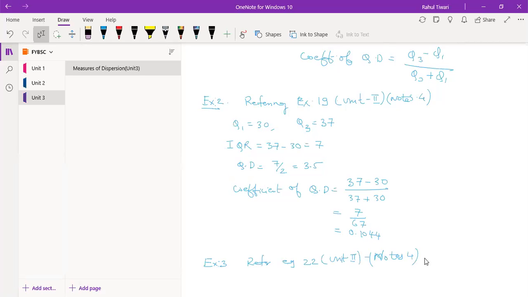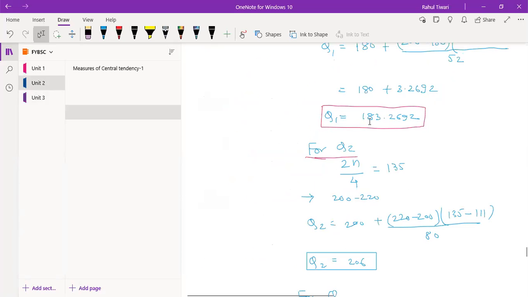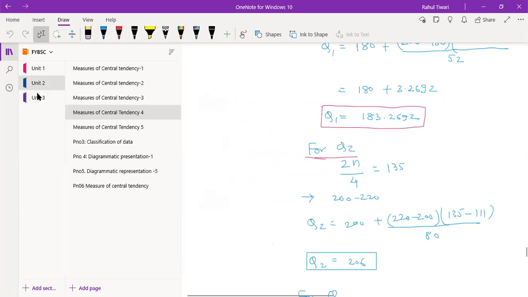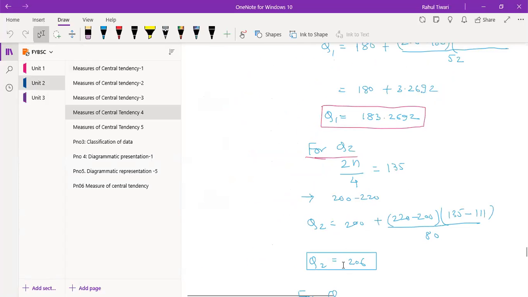You can refer to that and you get the Q1 value and similarly the Q3 value. Q1 value is 186.2692, and this is Q1.